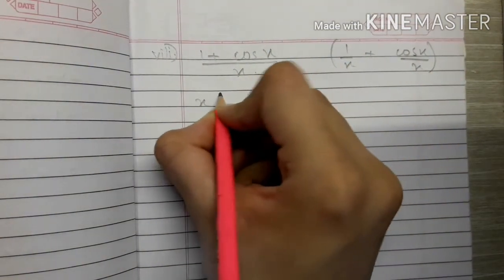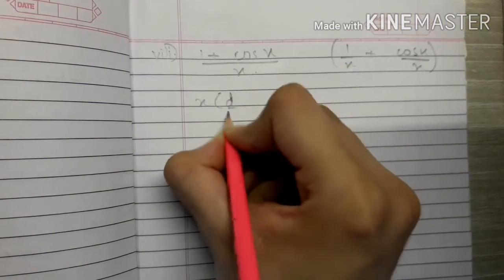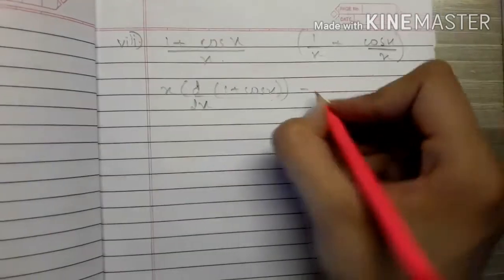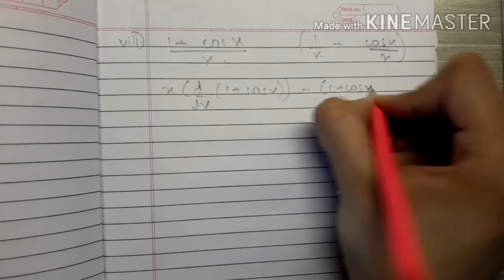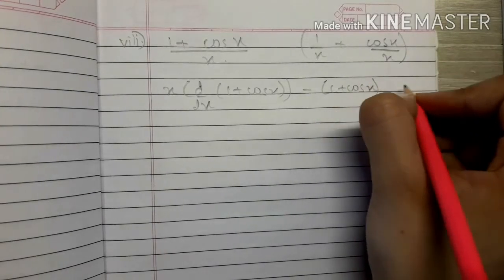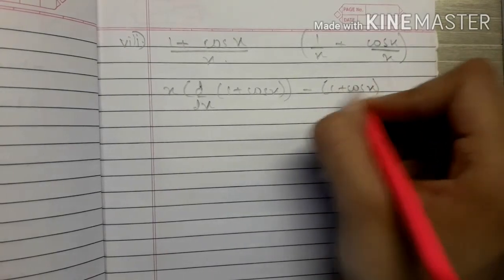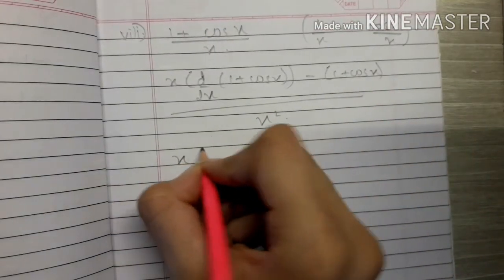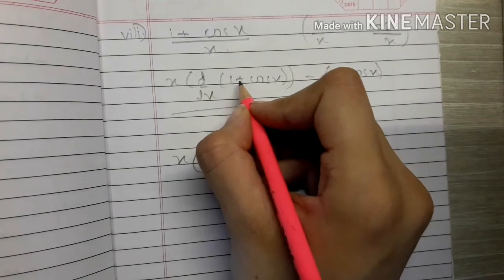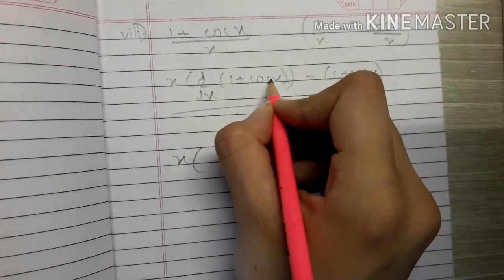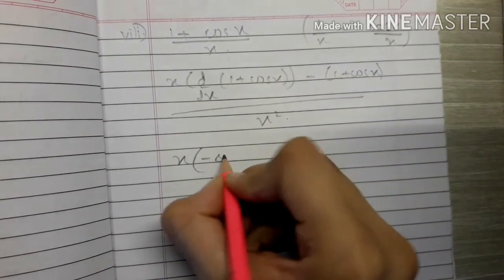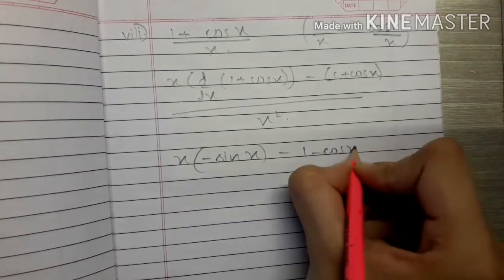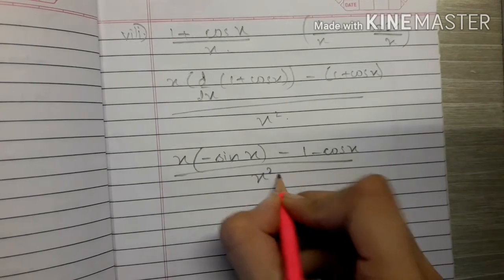This becomes x into the differentiation of 1 plus cos x minus 1 plus cos x into the differentiation of x, which we know is 1, upon x square. Which becomes x into the differentiation of 1 is 0, and the differentiation of cos x is minus sin x, minus 1 minus cos x upon x square.